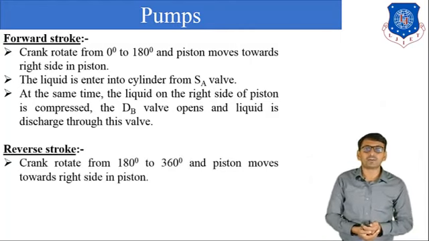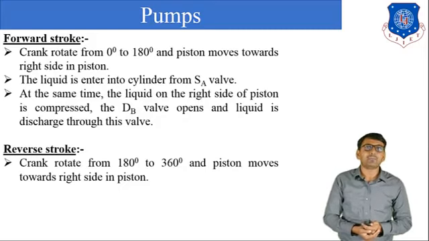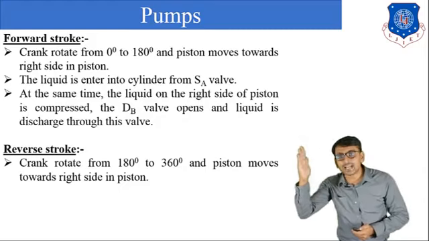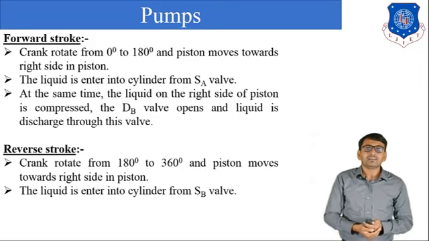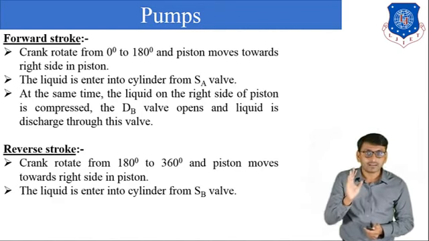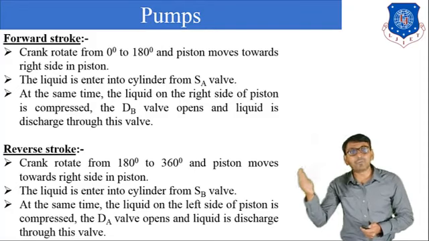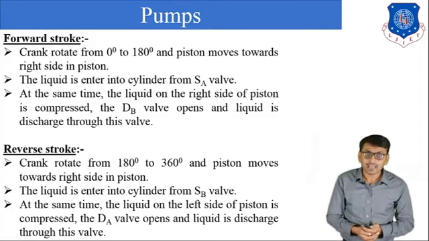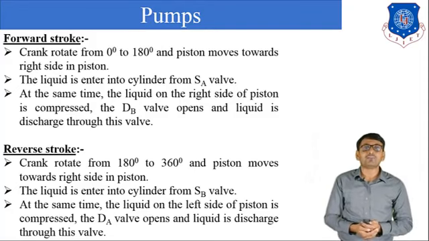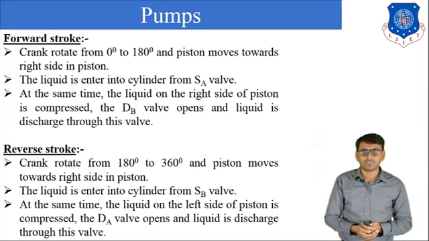Then in the reverse stroke, the crank rotates from 180 to 360 degrees and the piston moves to the left in the cylinder. The liquid enters the cylinder from the SB valve, and at the same time the liquid on the left side of the piston is compressed, the DA valve opens, and the liquid is discharged through this valve.